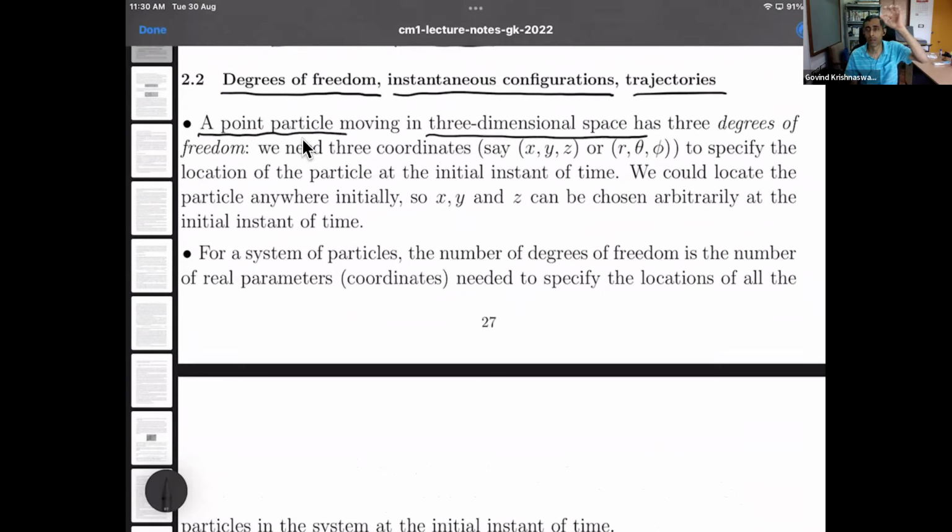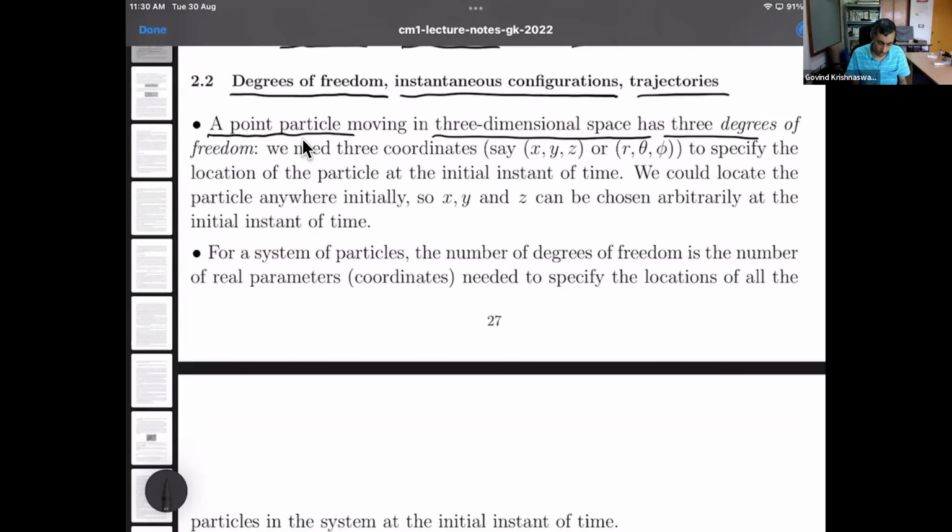Like a bee that is moving in my room, regarded as a point particle, has 3 degrees of freedom. Why do I say that? We need 3 coordinates, namely x, y, and z in the Cartesian system, or r, theta, and phi in the spherical polar system, to specify the location of the particle at the initial instant of time.